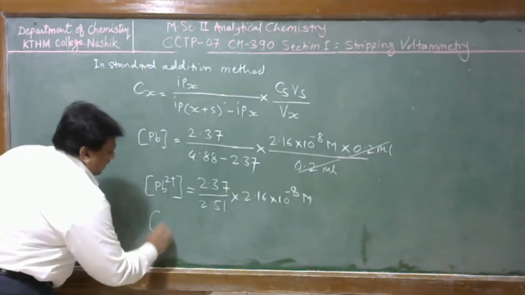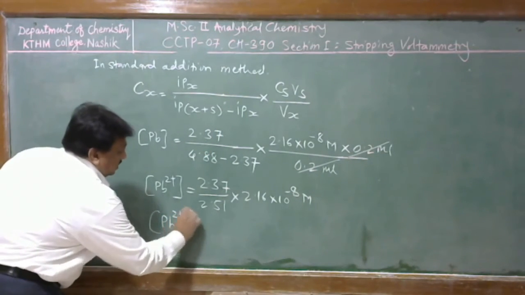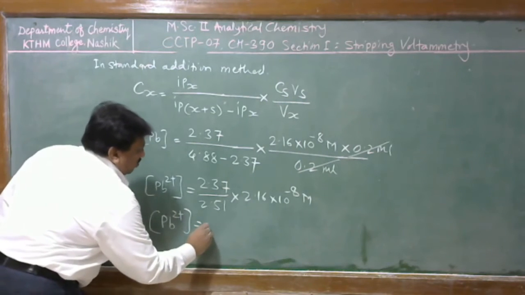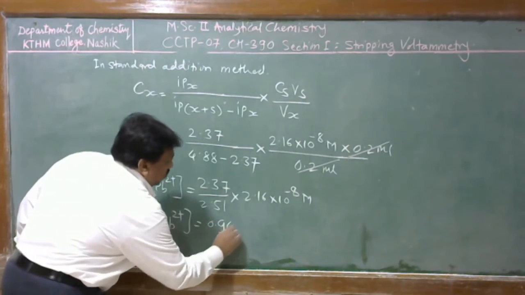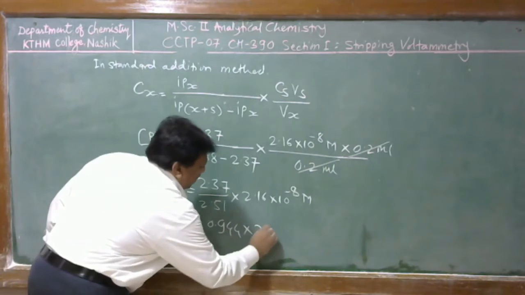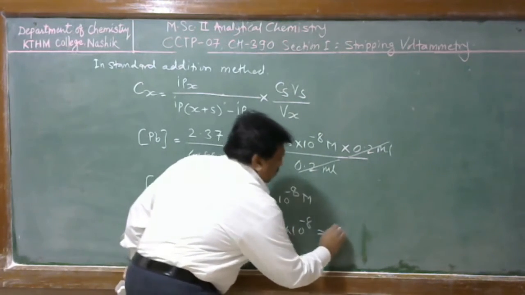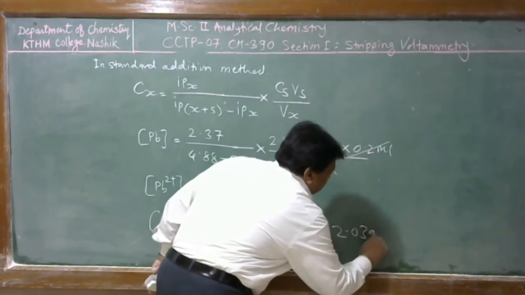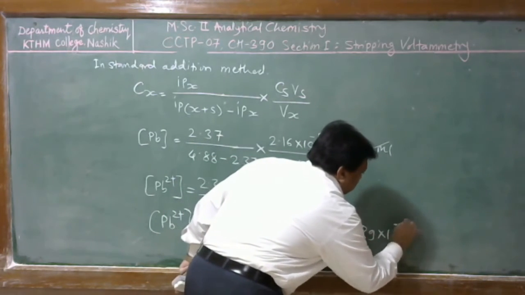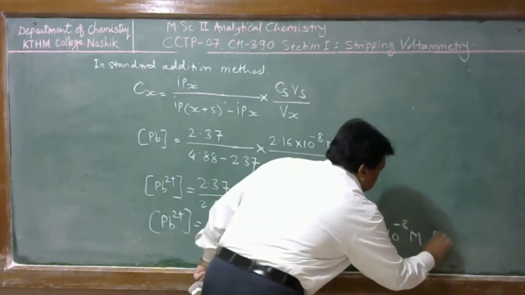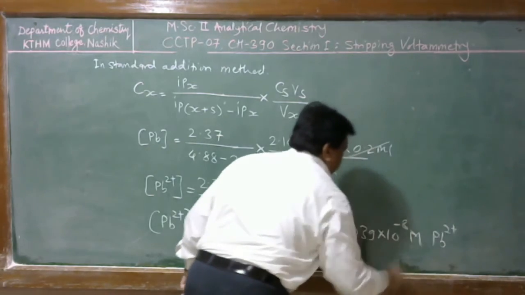When we find out, the final answer is equal to 0.944 into 2.16 into 10 raised to minus 8, which is equal to 2.039 into 10 raised to minus 8 mole, the concentration of lead.